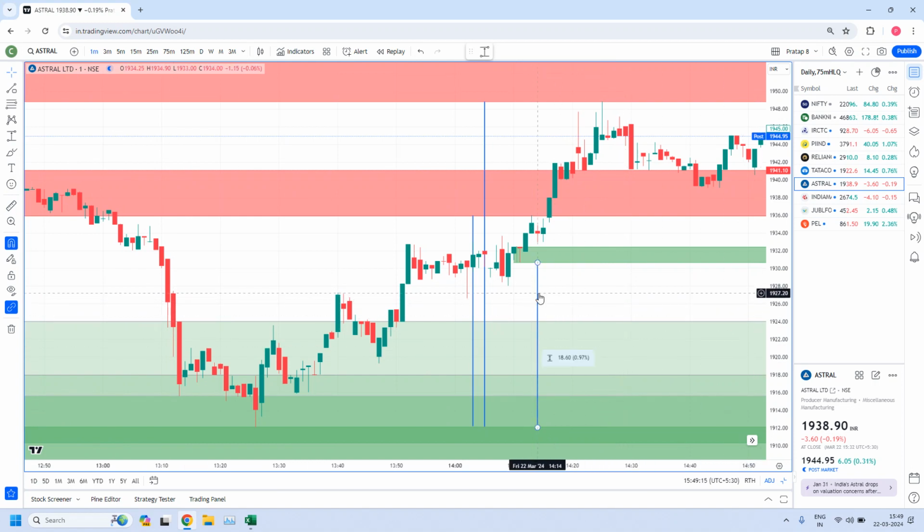So this could be how much? 18 rupees 60 paisa. What is your actual profit? 23 rupees 70 paisa. So here 18 rupees 60, say approximately 70. 5 rupees profit margin will be reduced if your analysis goes wrong.